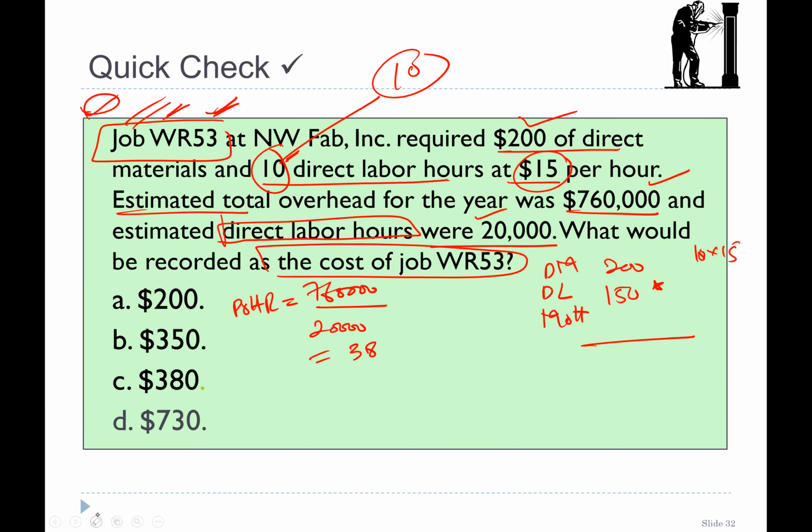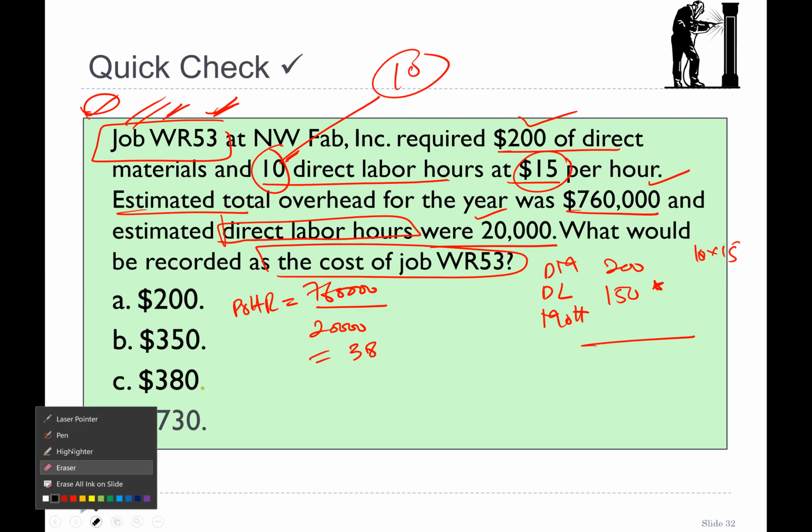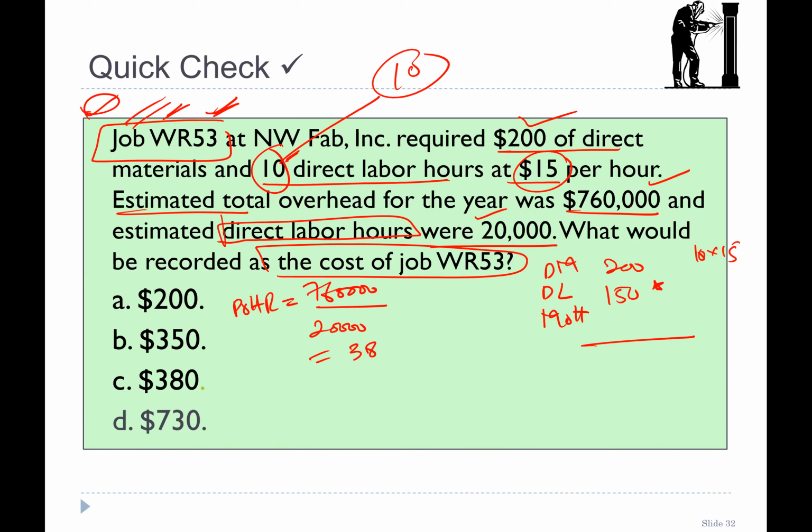So we calculated the POHR, right? So this POHR is 38, right? And we need to calculate the cost of job WR53. We know that its direct material is 200, its direct labor is 150. And we need the manufacturing overhead.